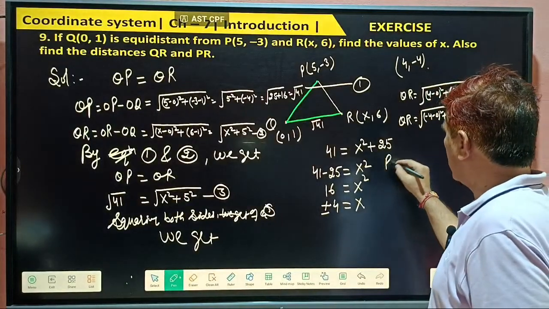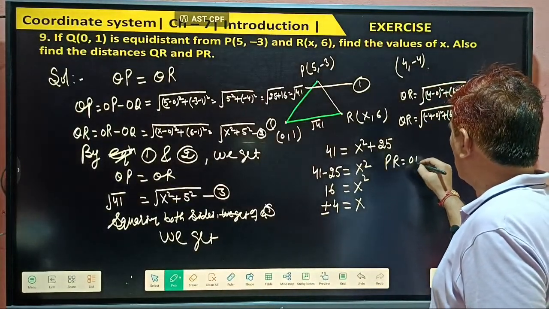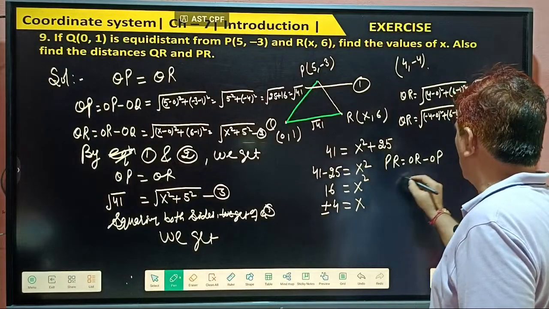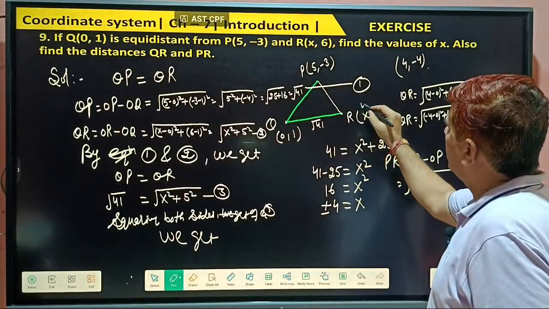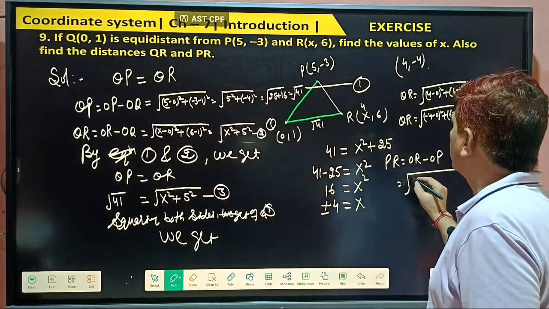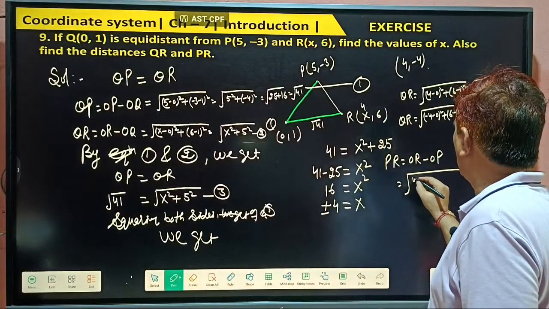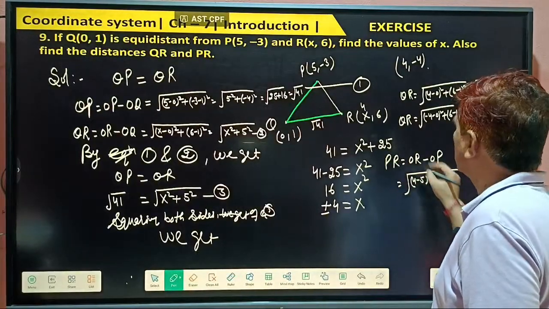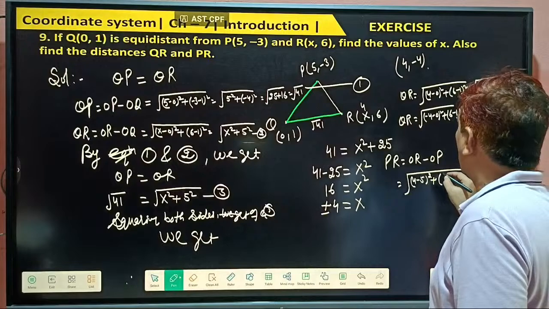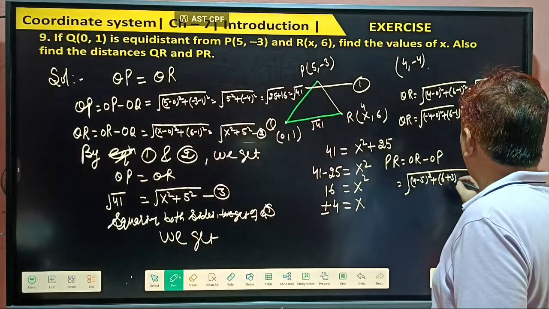So PR equal to OR minus OP. So what is this? Under the root, it's 4 we have taken, (4 minus 5) whole square plus (6 plus 3) whole square.